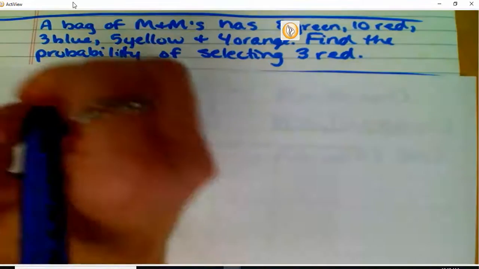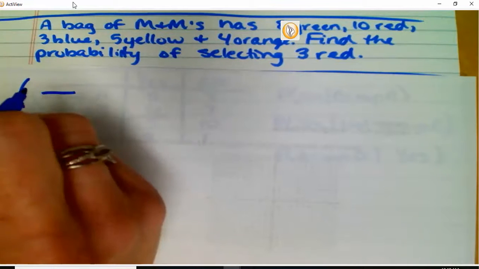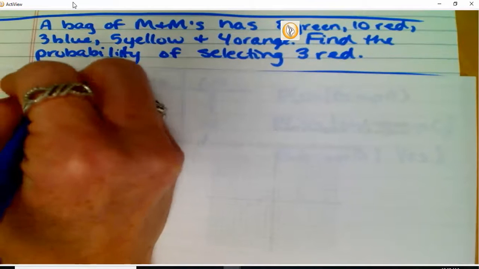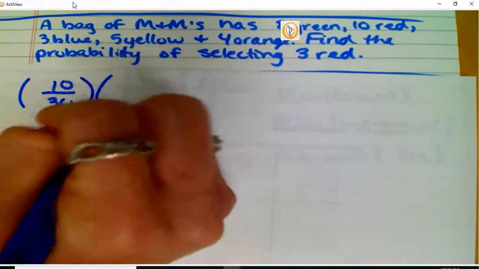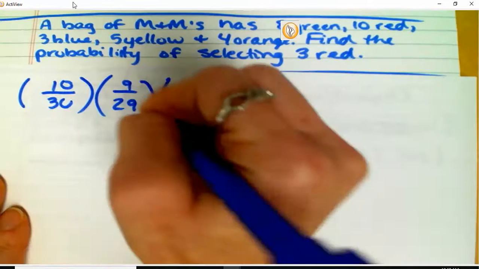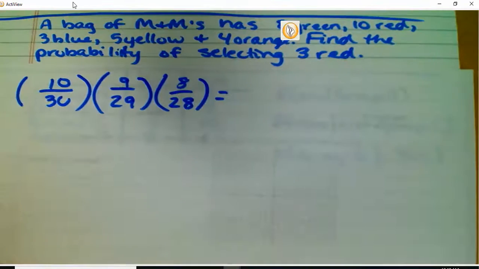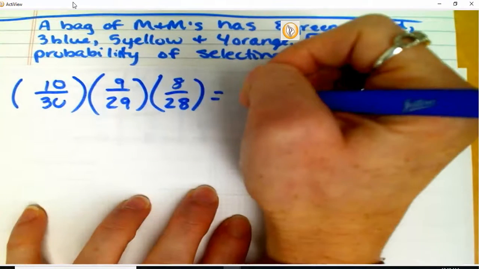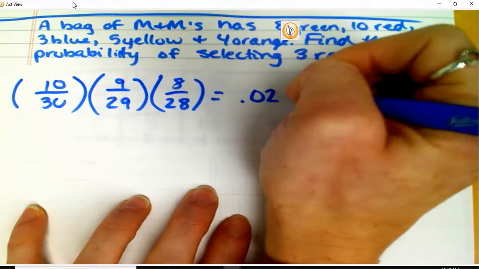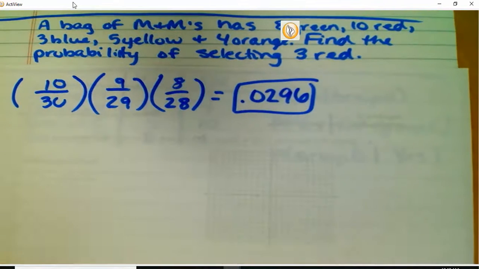Okay, so if I want the probability of 3 red, the probability of the first one being red would be, the probability of the second one being red, the probability of the third one. Okay, so then, I don't have a calculator in front of me, but what does that come out to be? 0.0296? Is that okay?